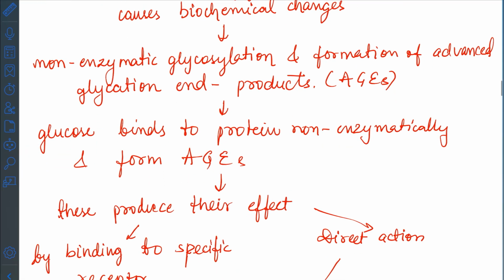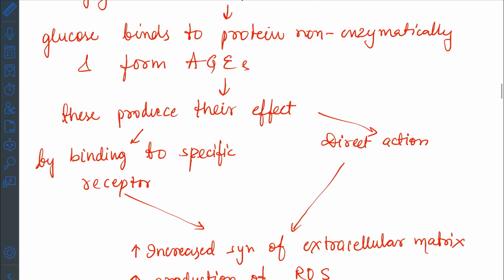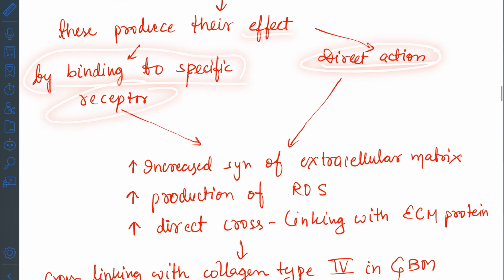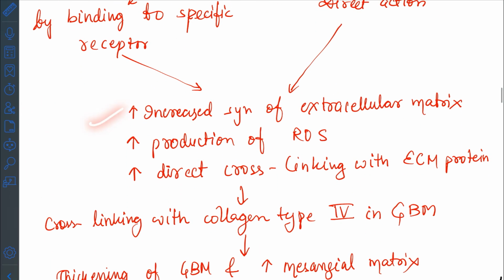But in diabetic patients, these advanced glycation end products are formed. They show their effect by two actions, direct and indirect. The indirect action is by binding to specific receptors. Both of these actions cause increased extracellular matrix synthesis, increased production of reactive oxygen species, and cross-linking with extracellular protein.